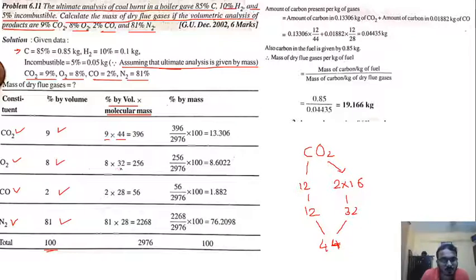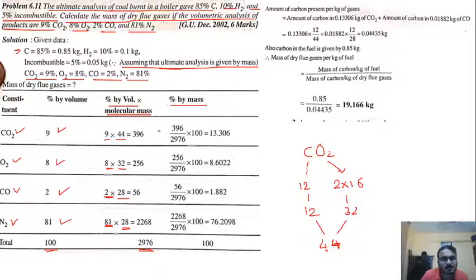Similarly, all other molecular masses are calculated here and multiplied with their percentage volume, that is 8 for O2, 2 for CO, and 81 for nitrogen. Finally we get the total mass of all constituents, that is 2972.